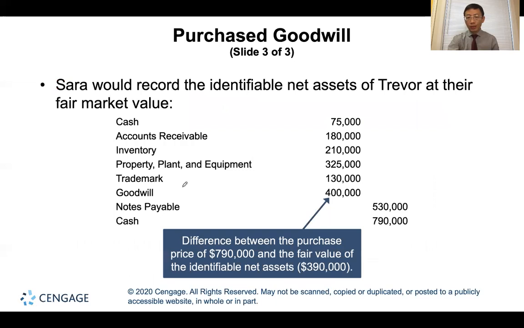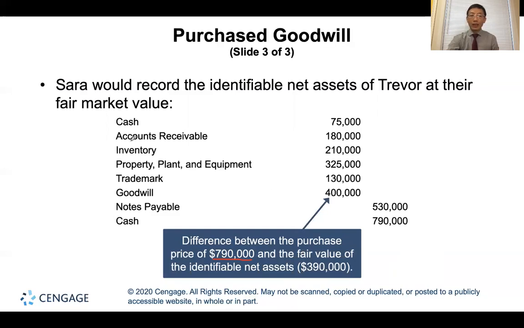Sarah would record the identifiable net assets at fair value. The purchase price is $719,000. The fair value, as I just said, is only $319,000. So the purchase price is $400,000 higher than the fair value. That's goodwill.